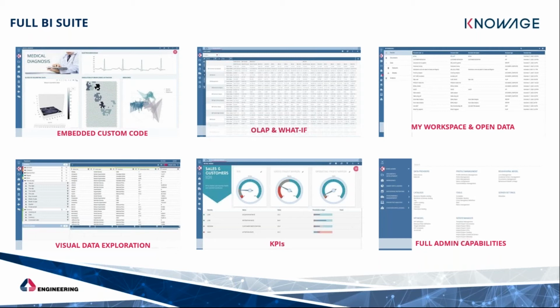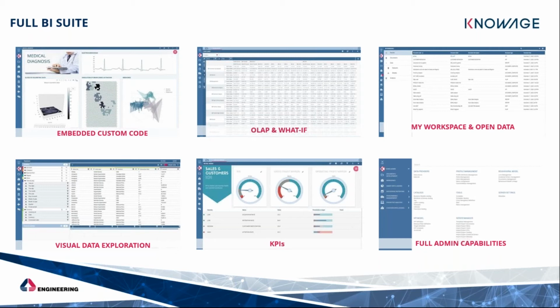You can do visual data exploration, and in this feature you can see what is the PDF in Knowage. So also a non-expert user can access the data and can query the data without knowing a complex programming language.